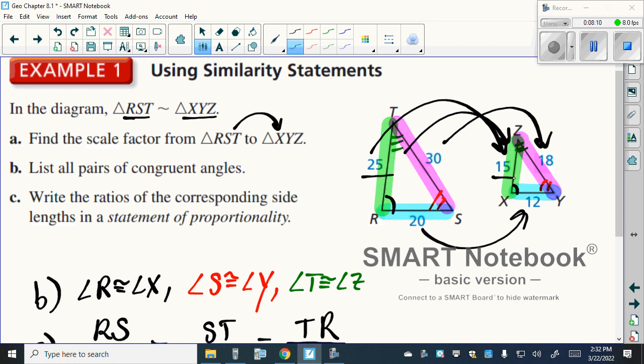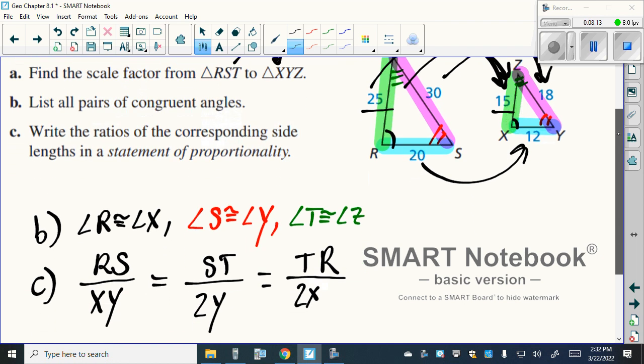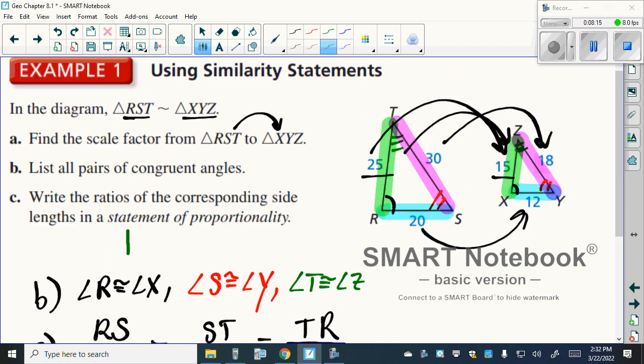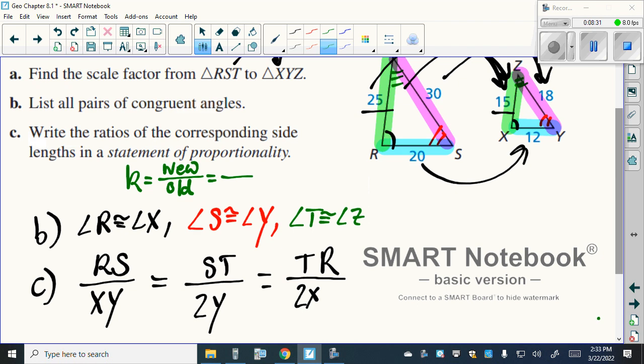Now, a way to remember how to do this, especially finding the scale factor, what they'll call K, is I say new over old. What are we going to over what we came from? What we're going to, where we came from. We say scale factors are K. Now, all of these here, 25, 30, and 20, are kind of the old.